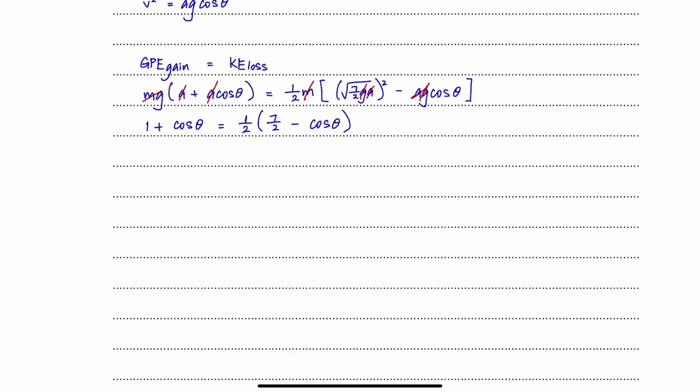So now I have 1 plus cos theta equal to 7 over 4 minus 1 over 2 cos theta. That means 3 over 2 cos theta is equal to 3 over 4, and cos theta would be 1 over 2. So theta would be 60. Done.